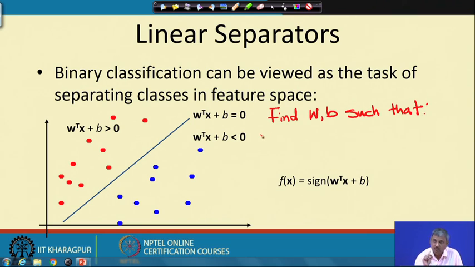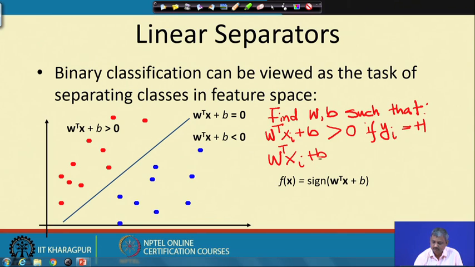So, the first condition on W and B requires that... If you look at it carefully, I can in fact combine these two into one single condition, which says that the sign of y and the sign of this quantity should be the same.